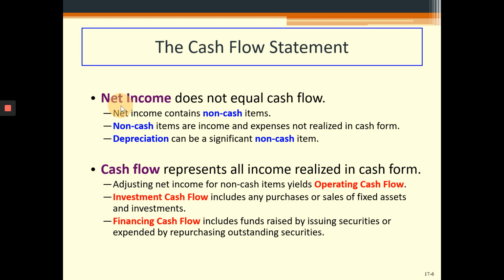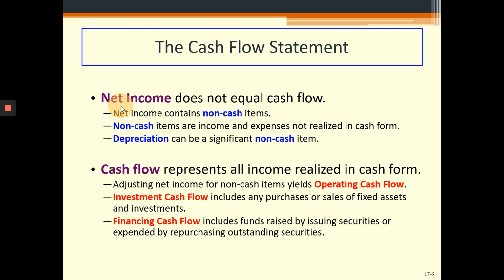But it has not decreased the cash, so the cash and net income can be different. So in order to generate the cash flow statement, we will see that we have to do some adjustment with the depreciations.